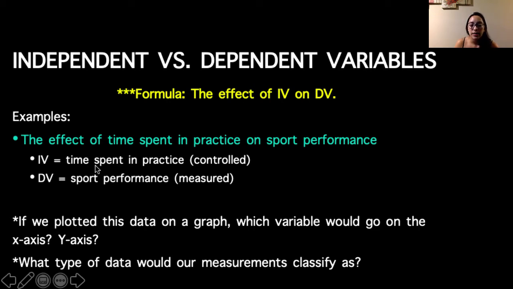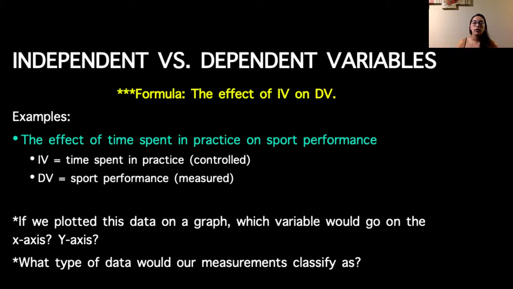Time spent in practice would be nominal data, because we are categorizing people into certain manipulated groups. So no practice, 3 hours of practice, or 6 hours of practice. And then our dependent variable kind of depends on how we decide to measure the data, but let's say we were looking at free throw accuracy in terms of the percentage of shots made.